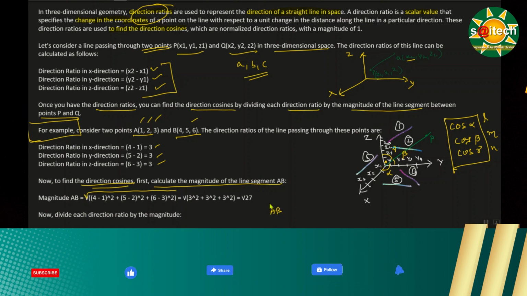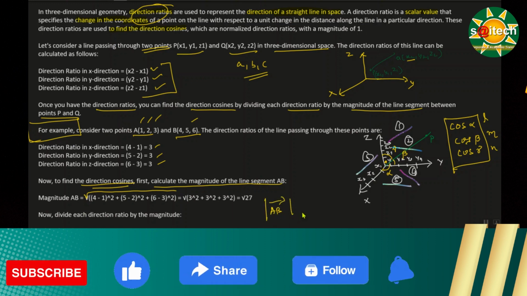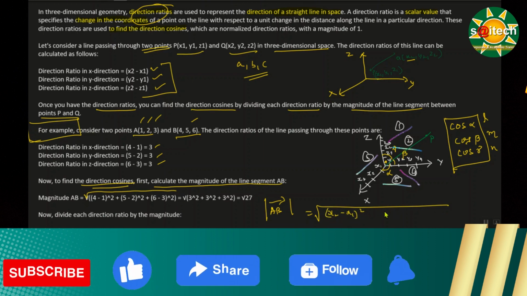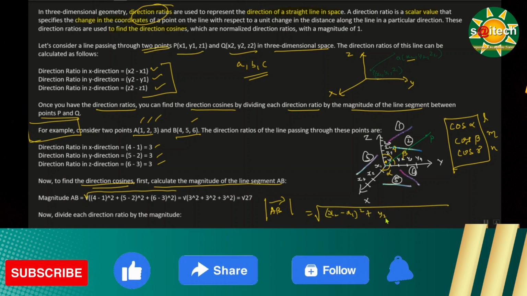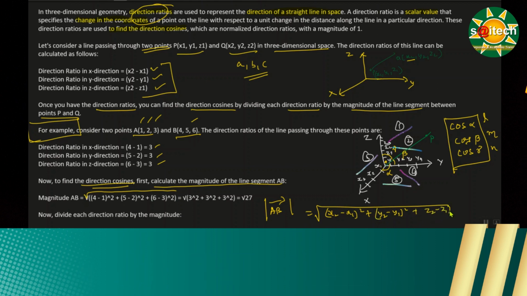So AB vector and its magnitude is given by the square root of x2 minus x1 the whole square plus y2 minus y1 the whole square plus z2 minus z1 the whole square.